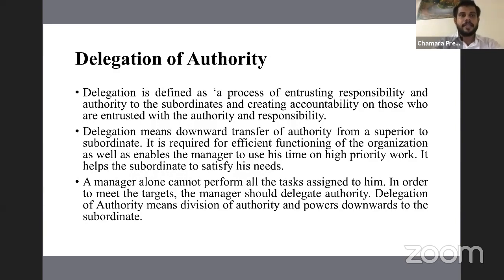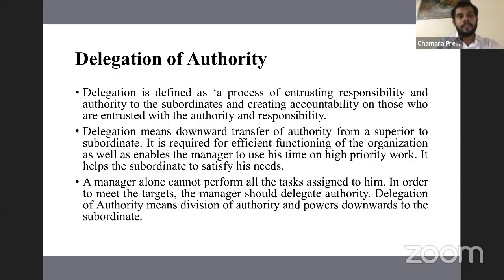Simply, it is the process of passing the responsibility or authority to subordinates or delegates. That is called delegation. So delegation means downward transfer of authority from a superior to a subordinate.